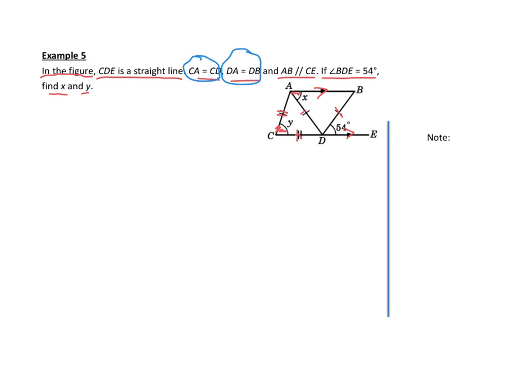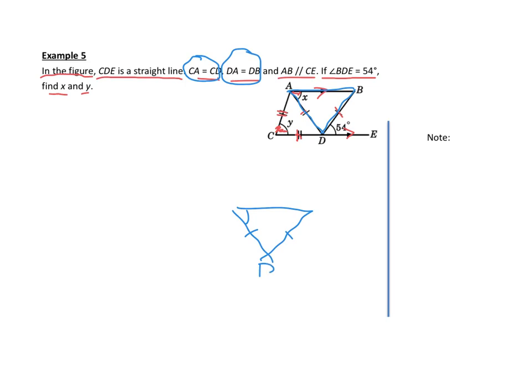Which are they? First one, we see that DA is equal to DB, so this blue triangle is an isosceles triangle. By the properties of an isosceles triangle, we know that the base angles are equal.